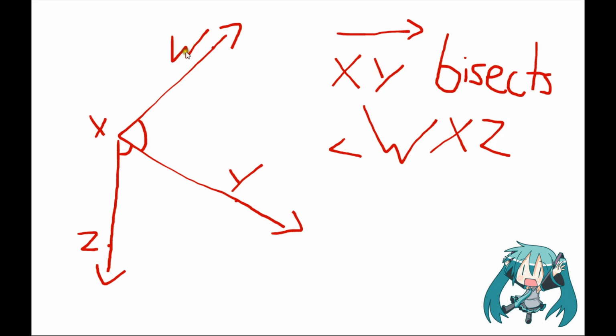Notice that WXZ contains two congruent angles and that they share a common ray, XY. So seeing this, you can say ray XY bisects angle WXZ.